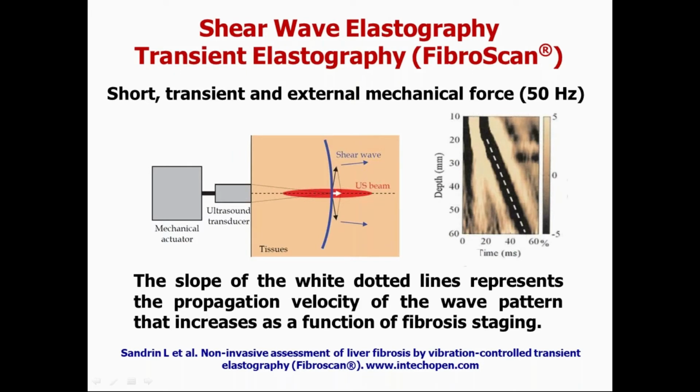In transient elastography, the stress is external and controlled. The pushing is a vibration at 50 Hertz. There are no images of the liver, and there's a diagram in which the white dotted line represents the propagation velocity of the shear waves, and the slope of the white line increases as a function of the fibrosis stage.